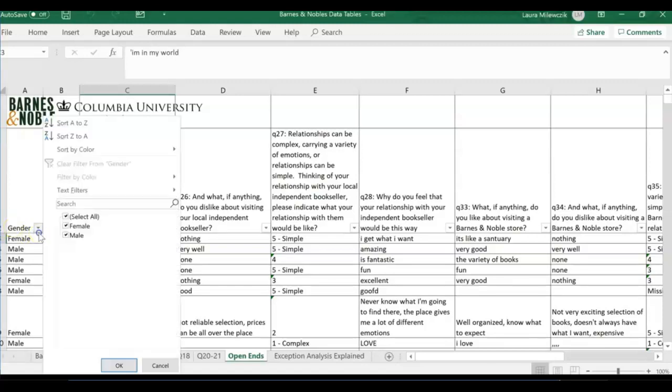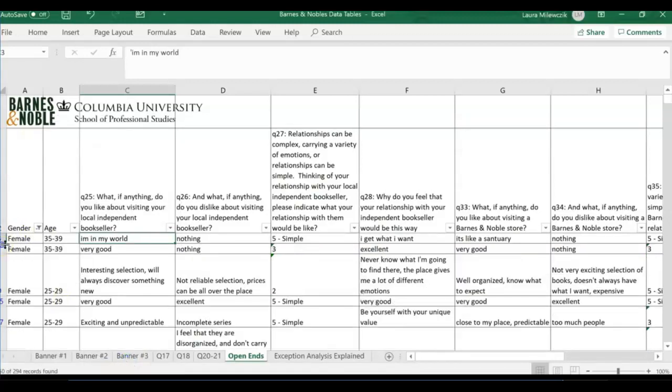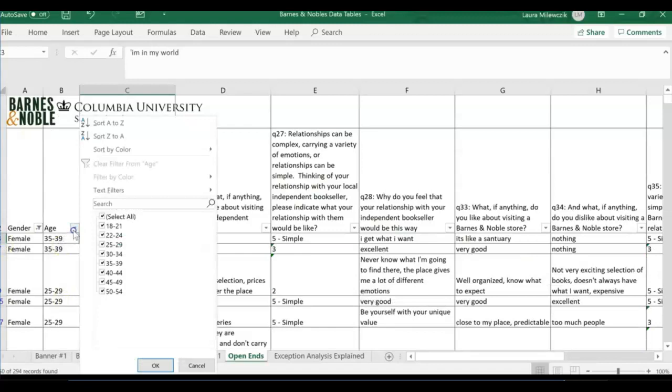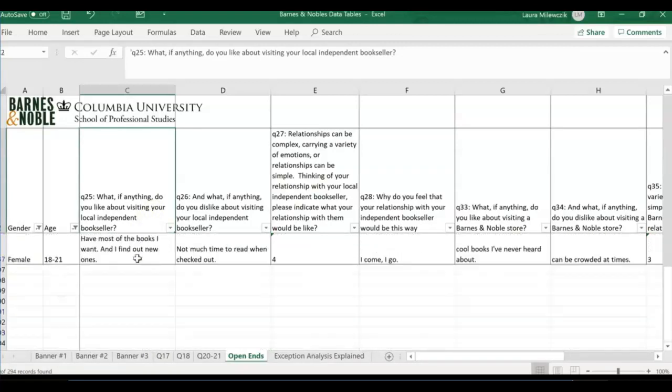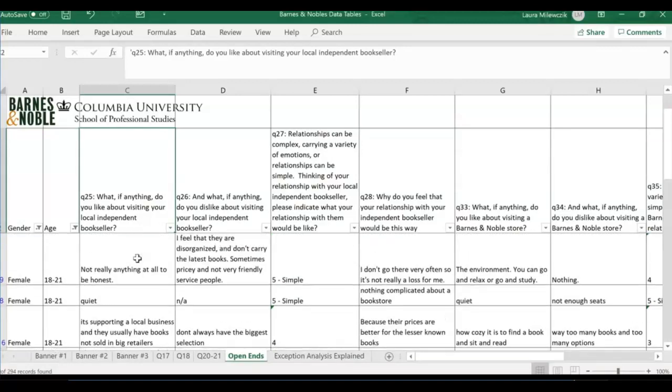You have the ability to sort based on all females if you'd like, or even sort on, say, younger females. And if you really want to know what younger females think on this open-ended question, you now have access and you can go down and read all of those responses to get a feeling for the reasons they like shopping in a local independent bookstore.